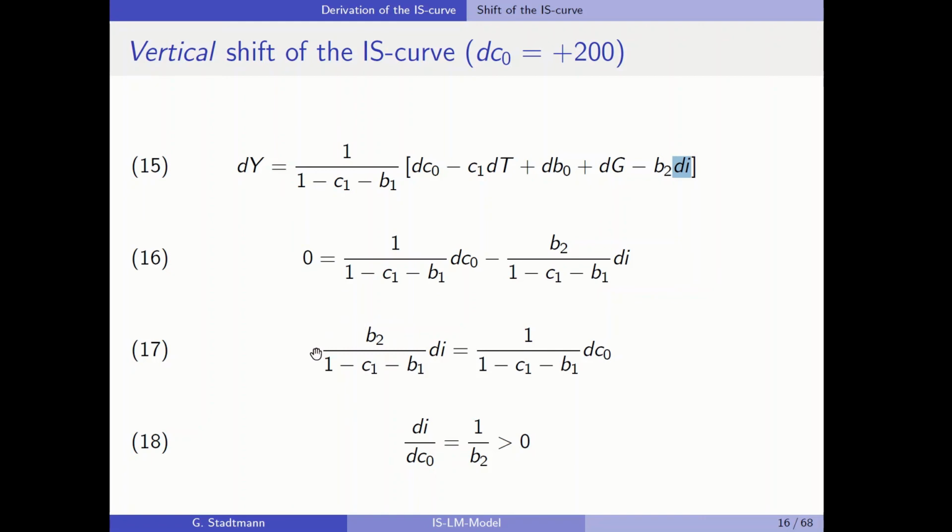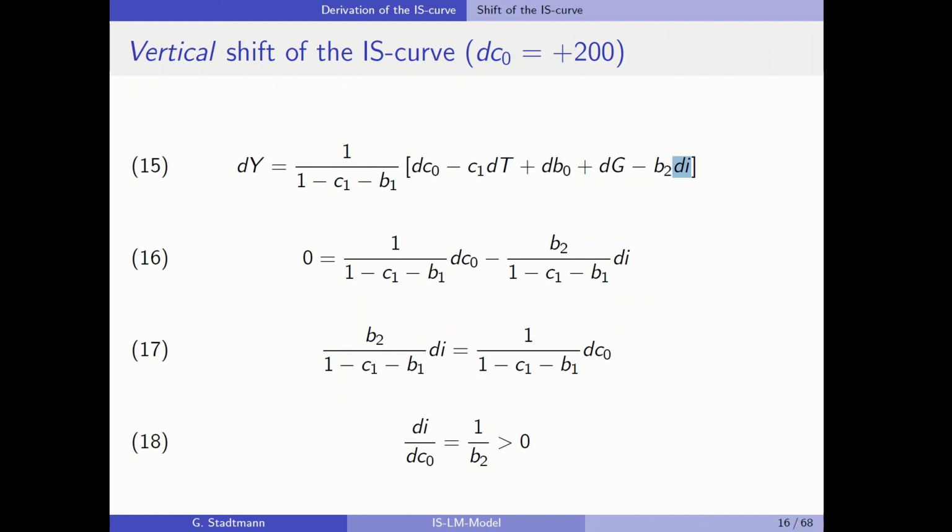And when we multiply through by the reciprocal value of b2 over 1 minus c1 minus b1, this term will cancel out against that term, and we are left with the relationship di over dC0 is equal to 1 over b2, which is also positive. So there is a positive relationship between dC0 and di.